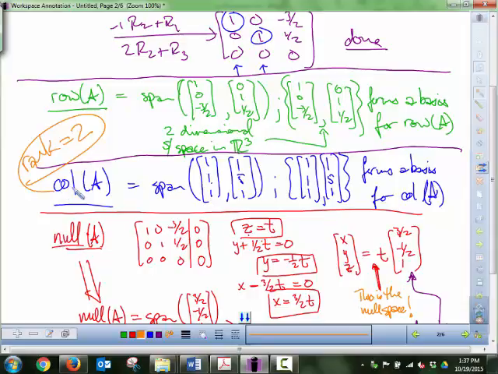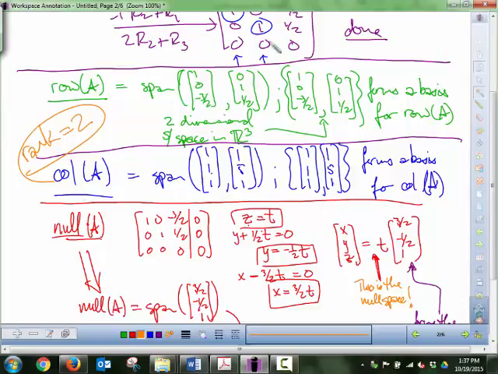The original matrix was a 3 by 3 matrix, so it had 3 columns, and the nullity is equal to 1. So that satisfies our rank theorem.